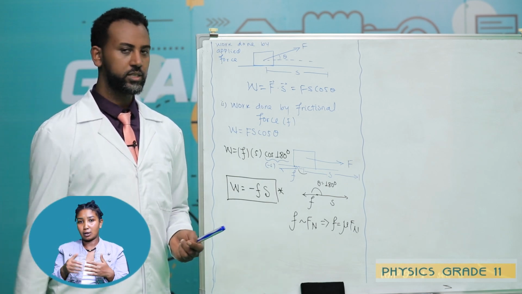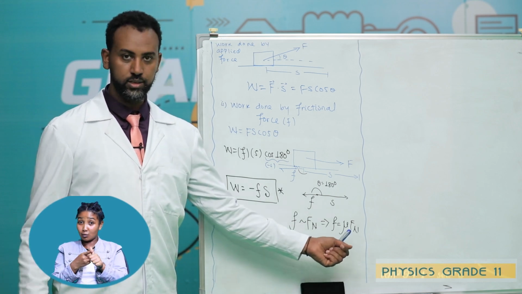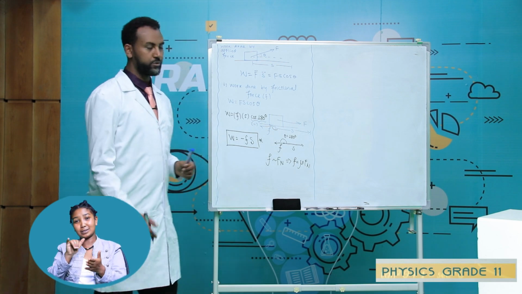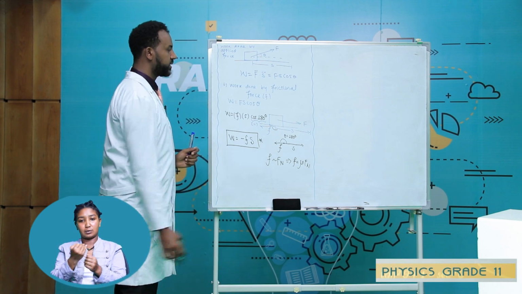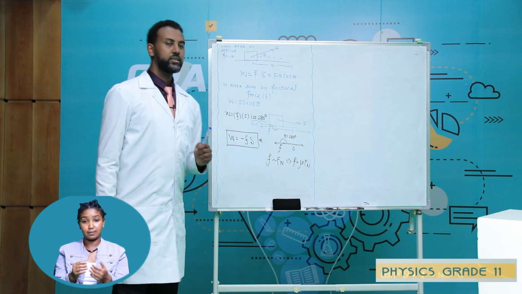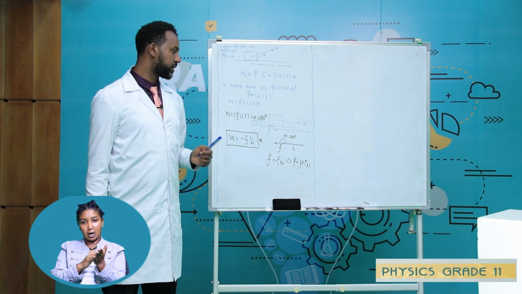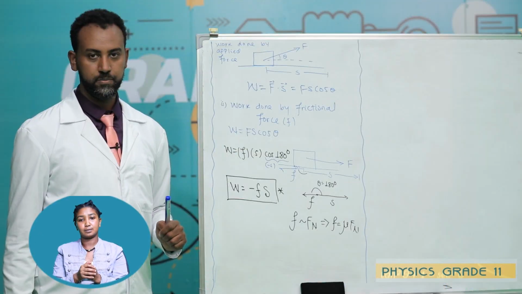Therefore, the type of material at the contact surface and the normal force are the factors which affect frictional force. So keep this in your mind. The second type of constant force is frictional force. Work done by frictional force can be determined like this.